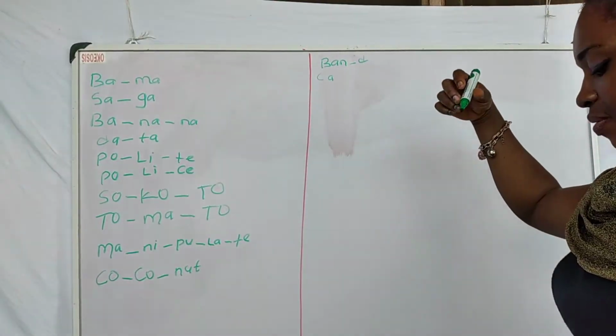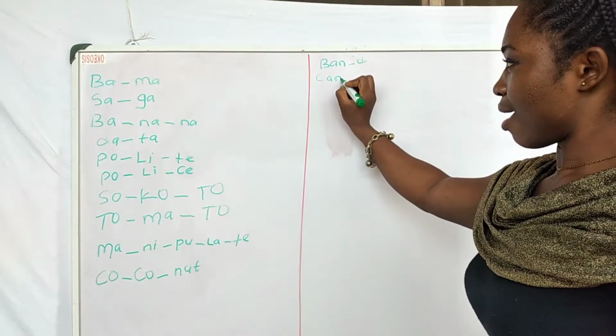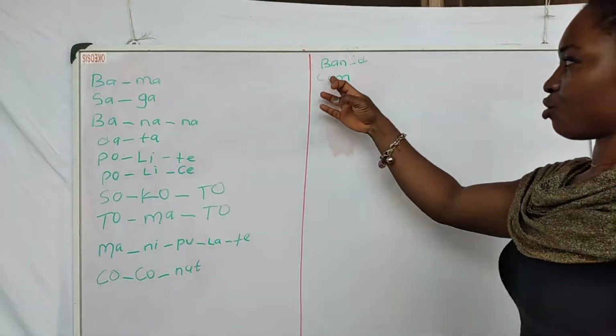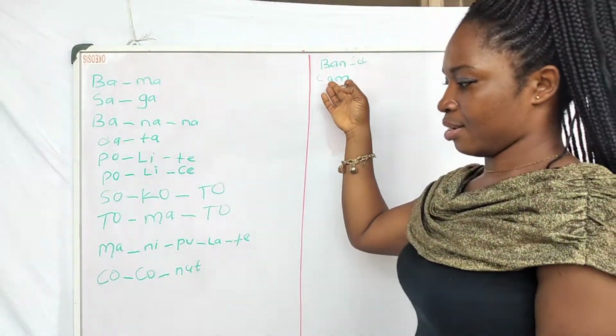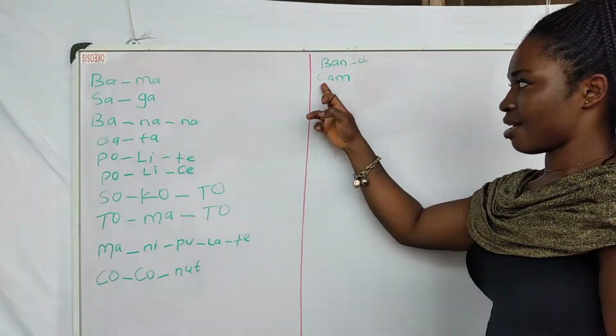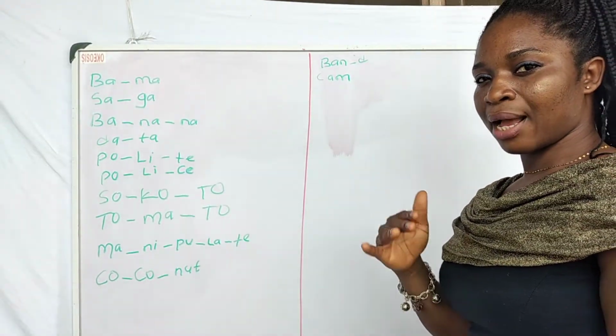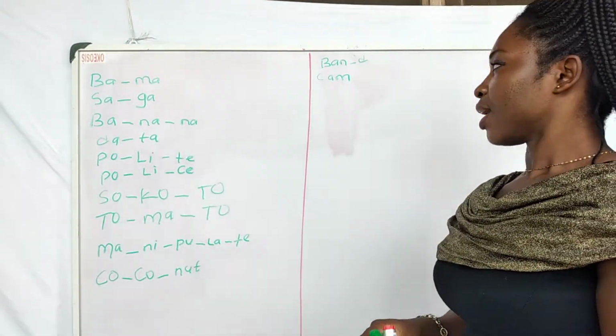Okay, and we can have, let's have CA. This used to be car when it was 2. This is CA, this is car. Now we have M added to it. It is no longer car, it's come, like come. Okay, come.